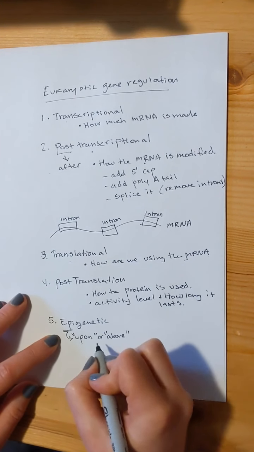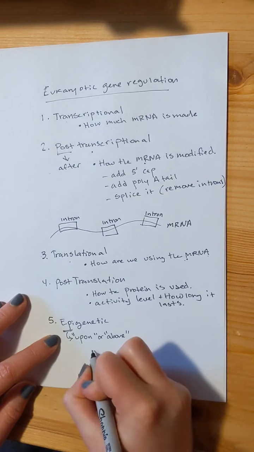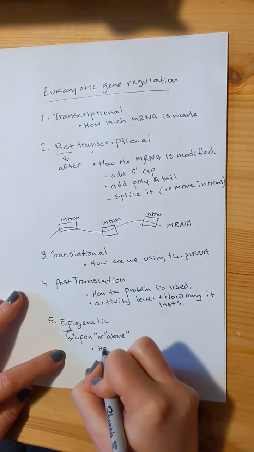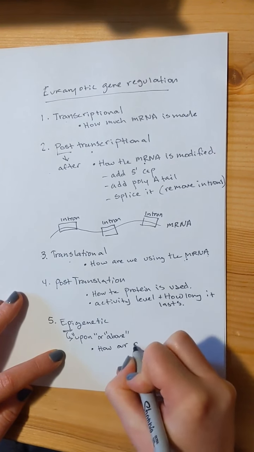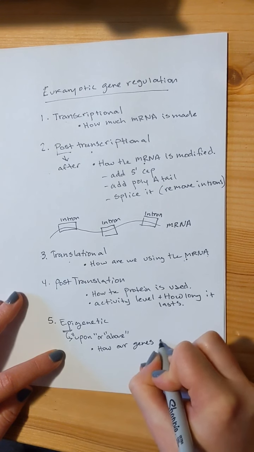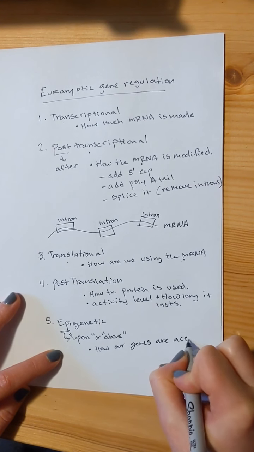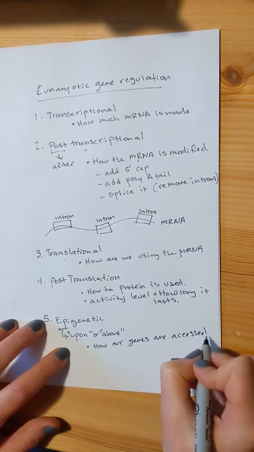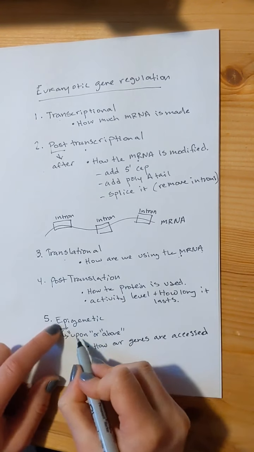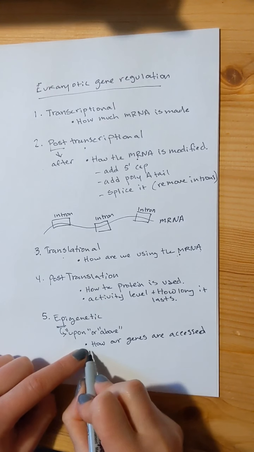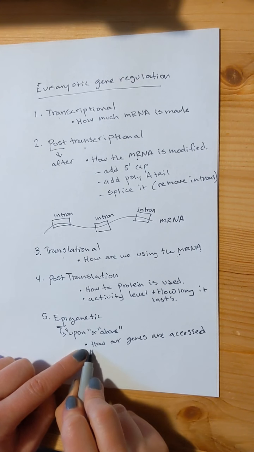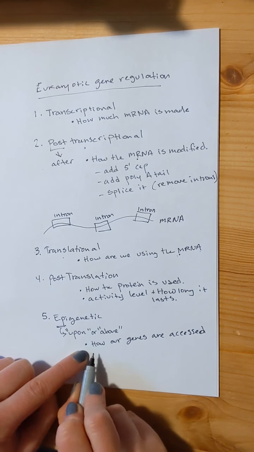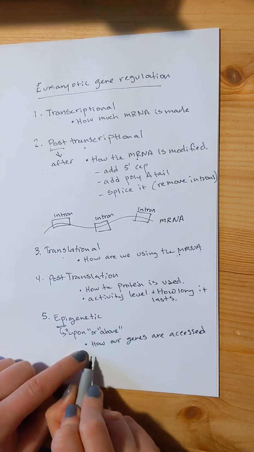So the way this works is we want to affect how our genes are accessed. If I have an epigenetic regulator that I want to be really tightly controlled, I will add methyl groups to my histone proteins.